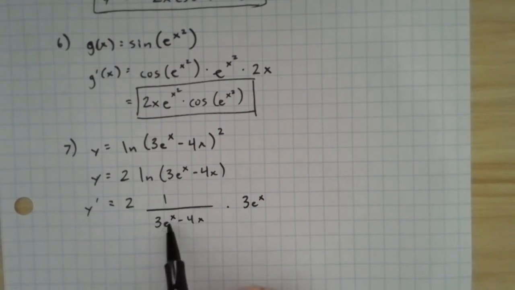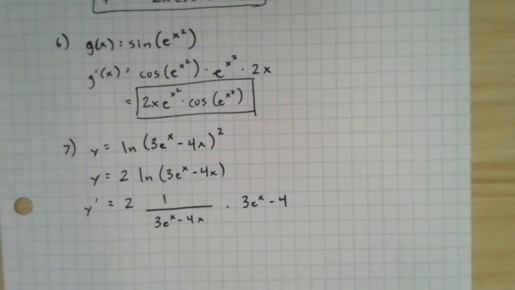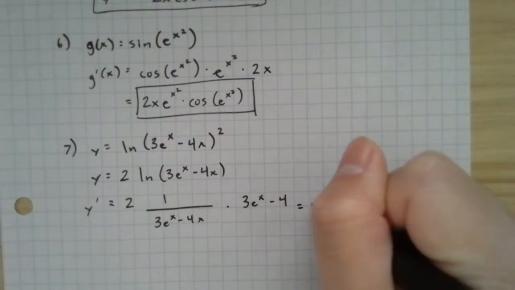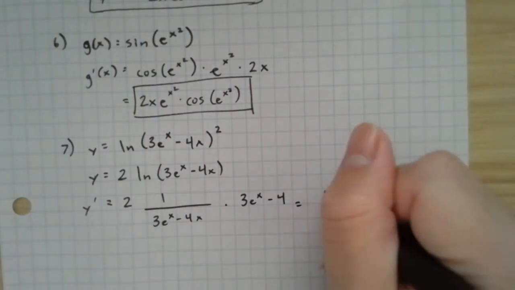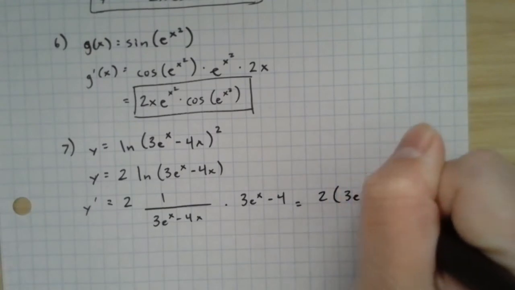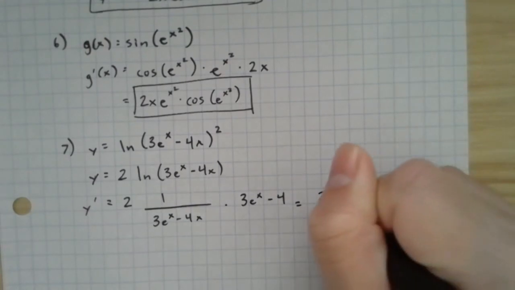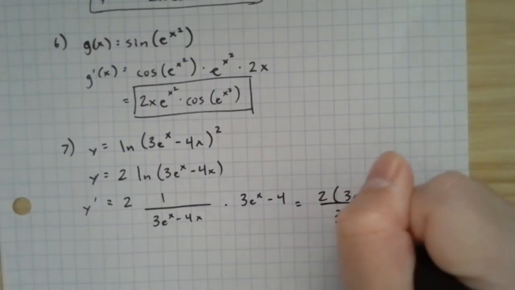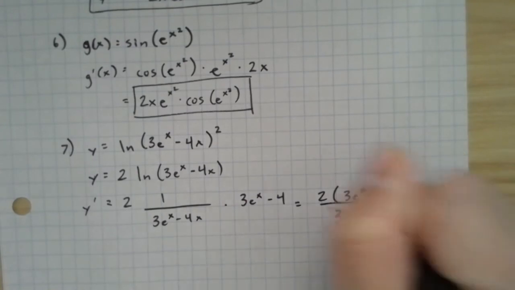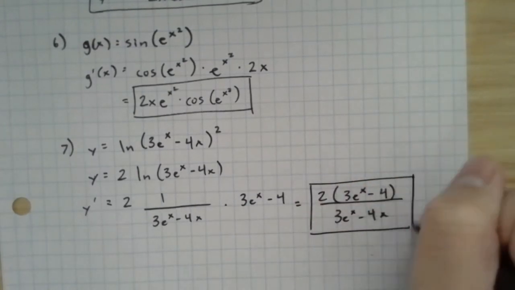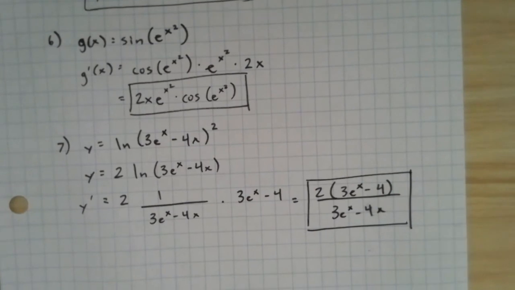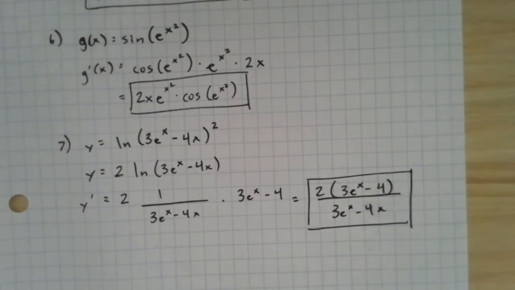The derivative of e to the x is e to the x, minus the derivative of 4x, which is 4. And then you can put this all together, and again, you don't have to multiply this 2 in, you can just leave it outside. If you do, it's fine. That will be your answer.